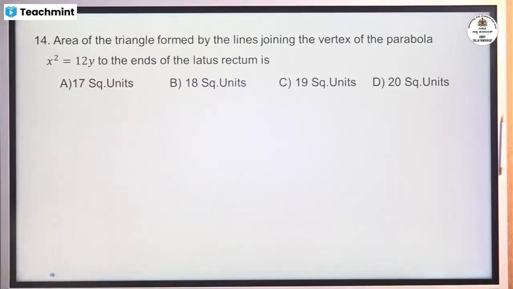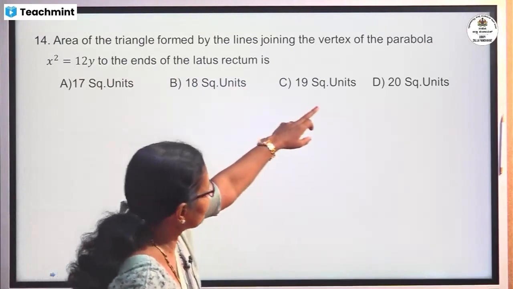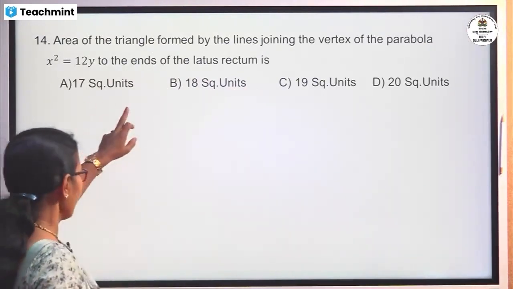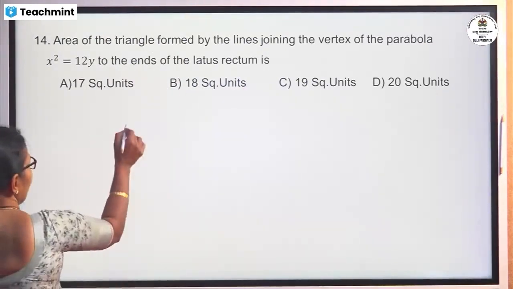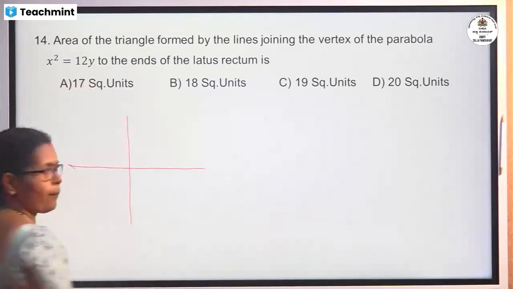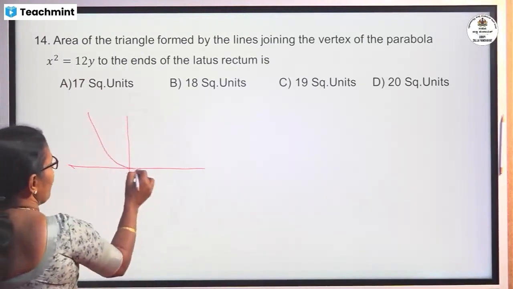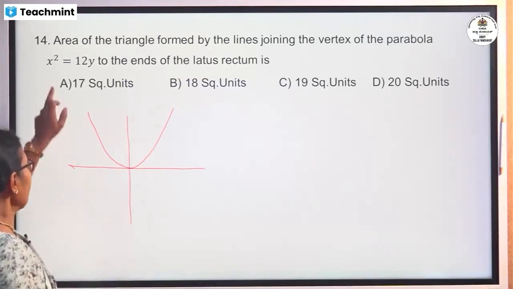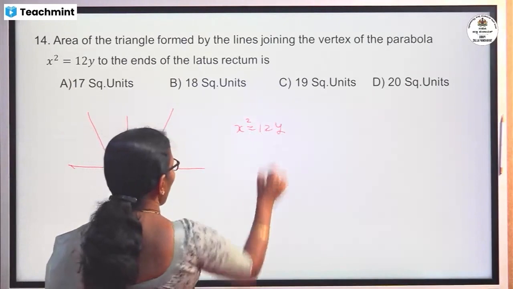Move to the next question. Area of the triangle formed by the lines joining the vertex of the parabola x square is equal to 12y to the ends of the latus rectum of the parabola. Like this, x square is equal to 12y means the parabola opens upwards.